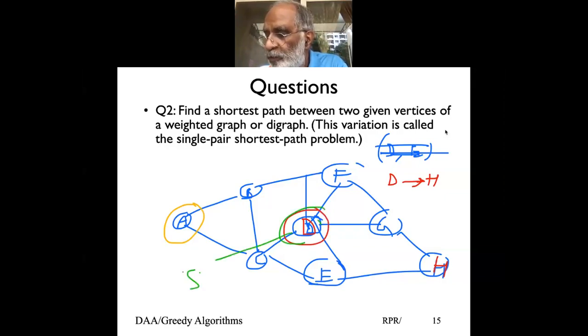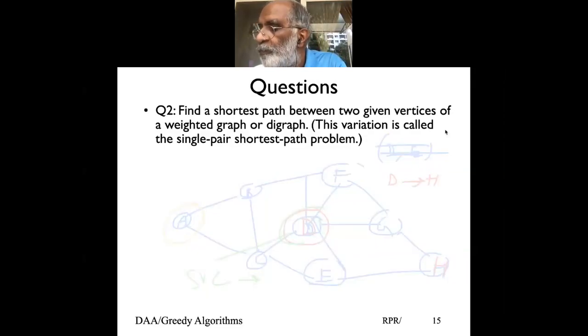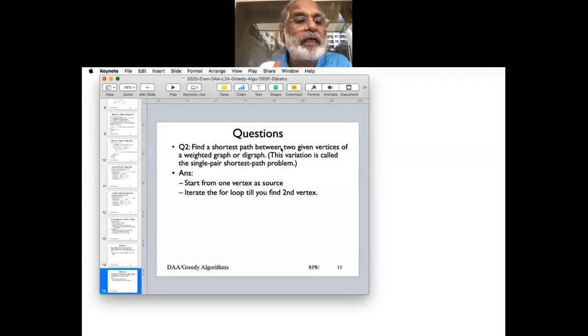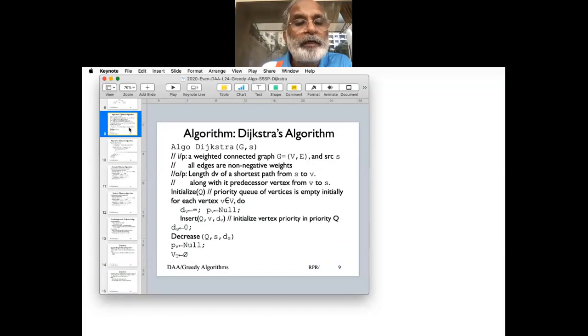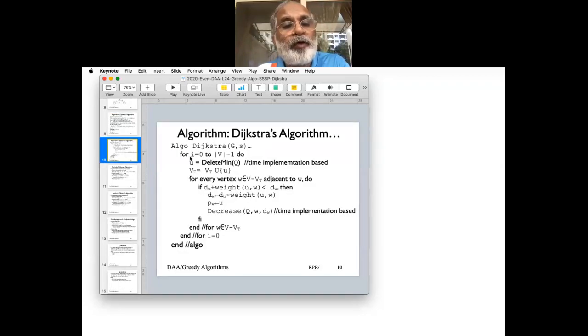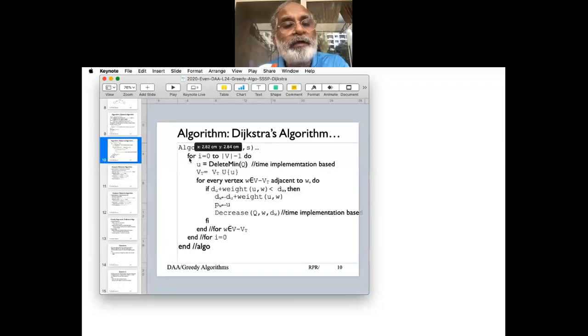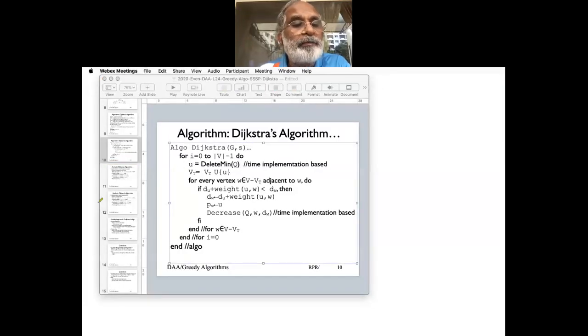So make D the source and start computing distance to all other nodes till we find H. The only change we'll make in the algorithm is to set the source as D, and in the loop for i from 0 to V minus 1, we'll say: or till the node H is part of my VT.